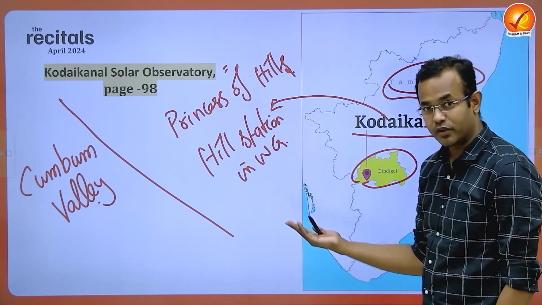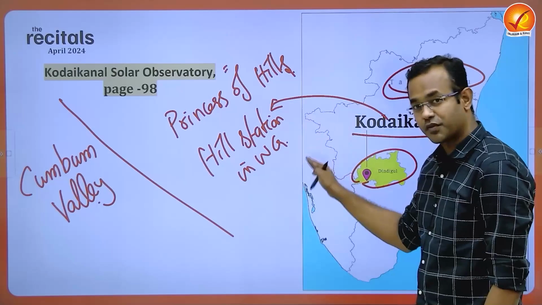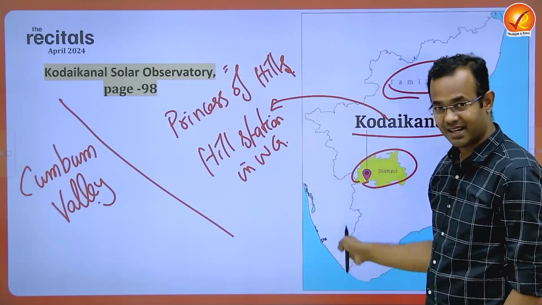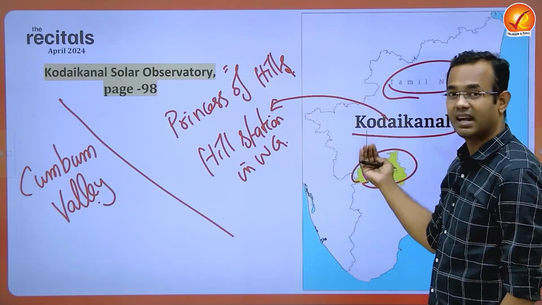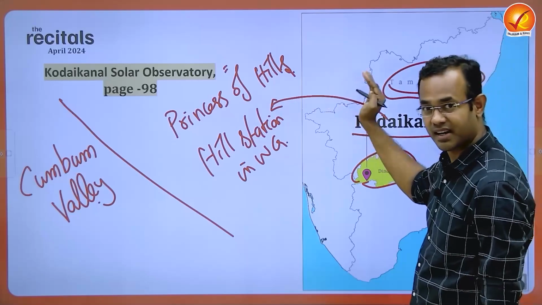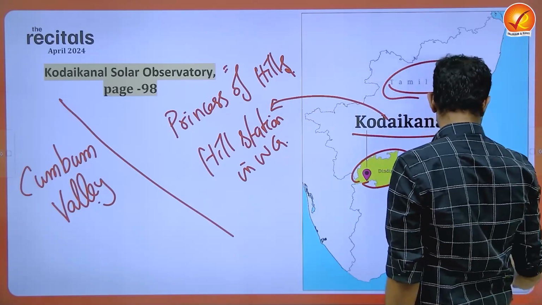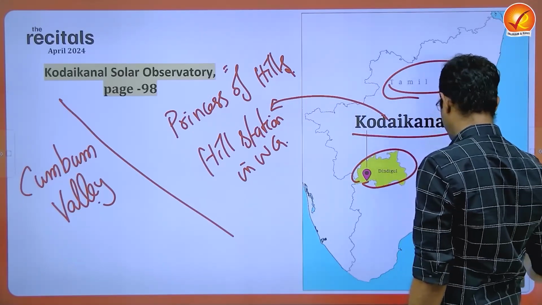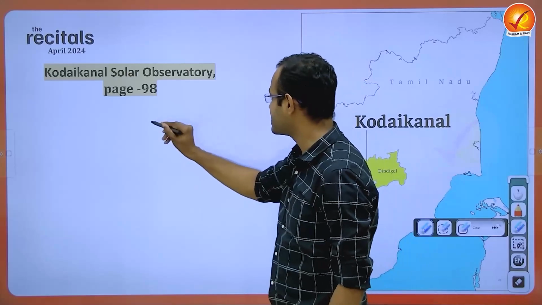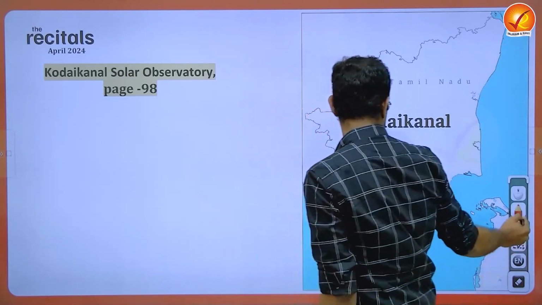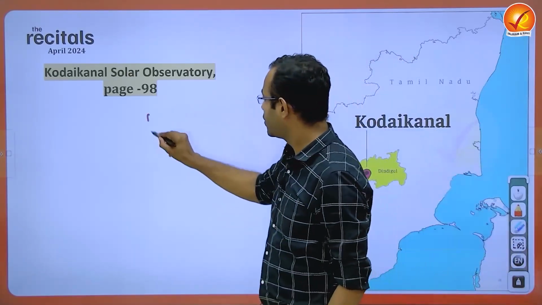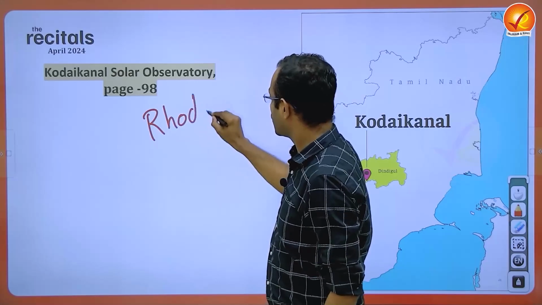The next point we are going to discuss is not just for Kodaikanal, it will be present over the Western Ghats, especially in Kerala and Tamil Nadu and parts of Karnataka, right. So, that is a common point for the southern Western Ghats regions. We do have an important plant called rhododendron.